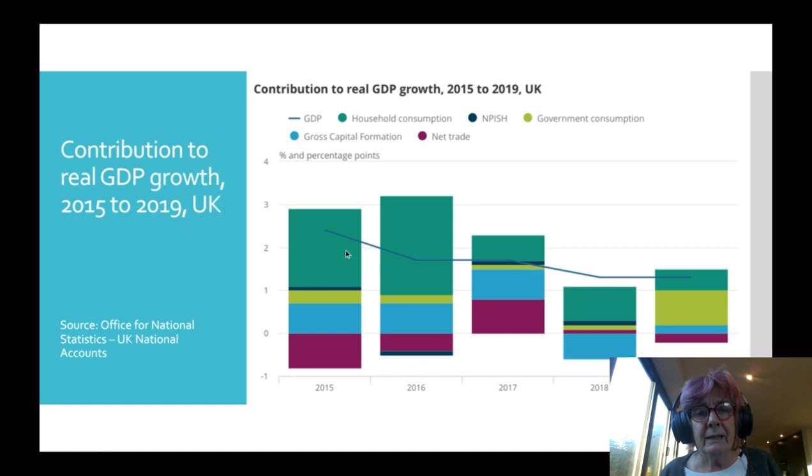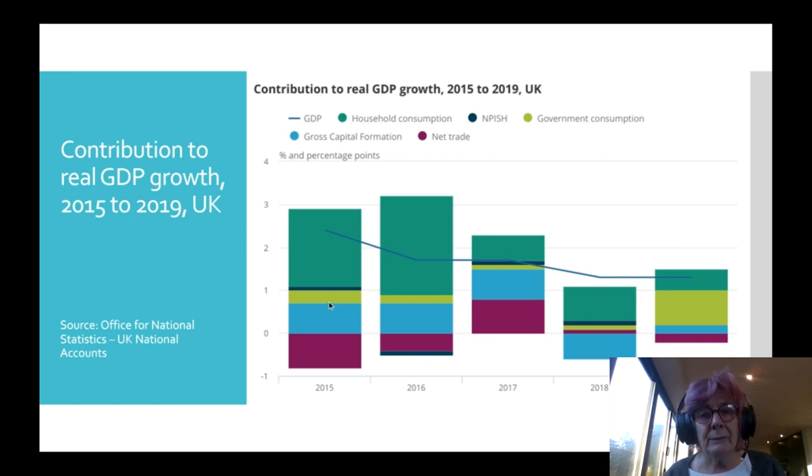Well, we can see that the biggest component of GDP growth most of the time is this green component, which is household consumption or consumer spending. That's the C of aggregate demand. Another significant component is this blue, gross capital formation, which is business investment, or the I of aggregate demand, and that's making quite a significant contribution.